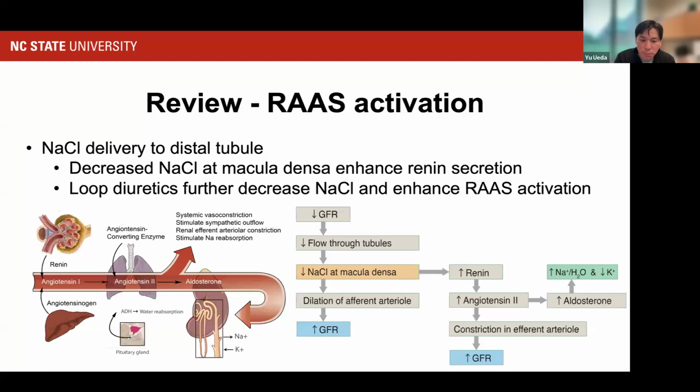by giving furosemide, because again, furosemide and loop diuretics further decrease sodium chloride sensed by the macula densa, so further increase the renin secretion from the granular cells, so further enhancing the RAS activation, resulting in the reabsorption of water and sodium.